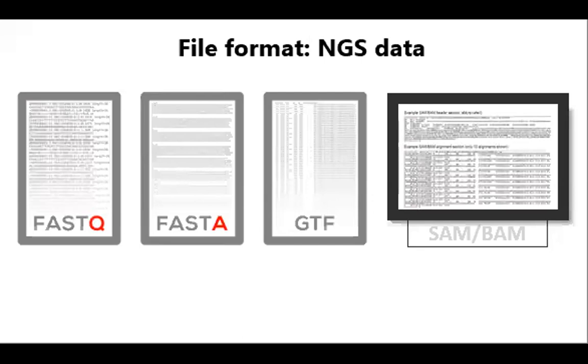It's a text-based file format that stores the nucleotide sequence of reads and the quality of each letter. The FASTA is a text-based format for representing DNA and protein sequences. Typically, this is the reference file for the genome. Then we'll go to the GTF, that is the gene transfer format. Then we'll talk about the SAM and the BAM.